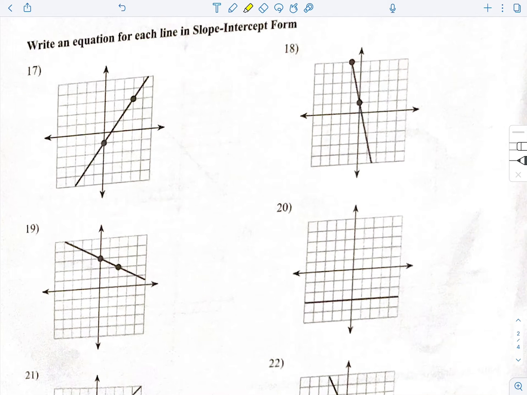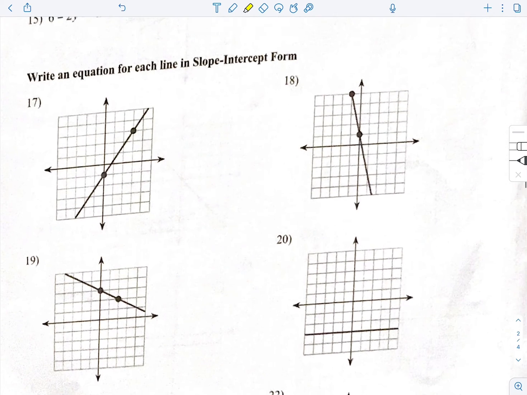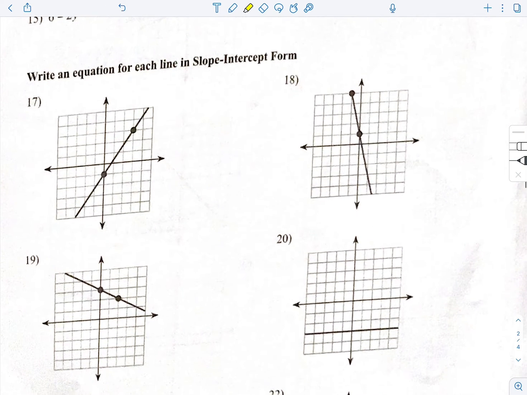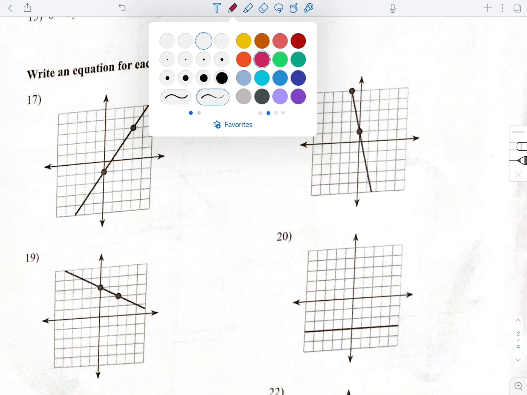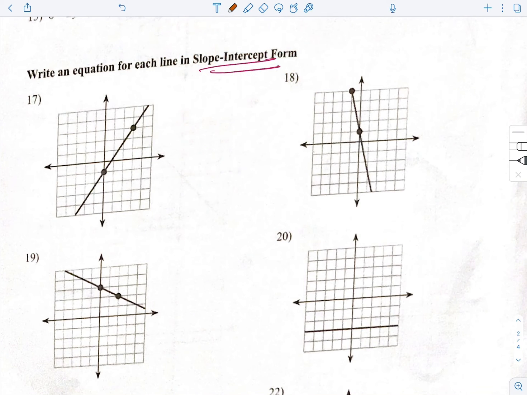Now in this next set, number 17 through 23, we're asked to write an equation for each line in slope-intercept form. We just said slope-intercept form is y equals mx plus b.